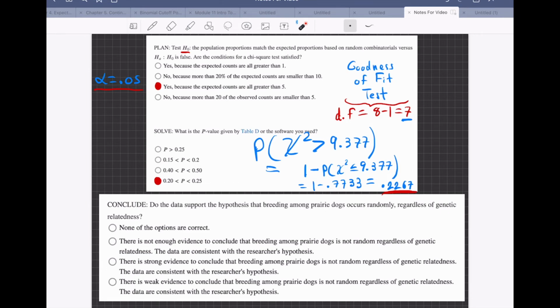Oh, I know this can be tricky, right? It's better if we can write down our own conclusion, but here we have to choose the correct one. I think the one is there is not enough evidence to conclude that breeding among prairie dogs is not random regardless of genetic relatedness. Yeah, so the distribution is the same. So I think it's this one.